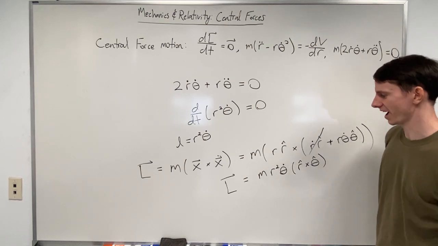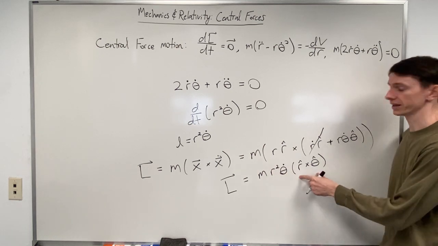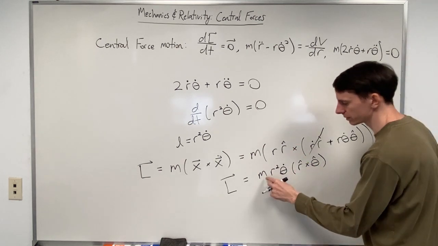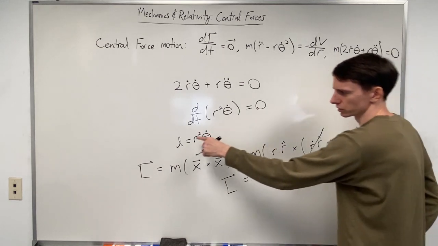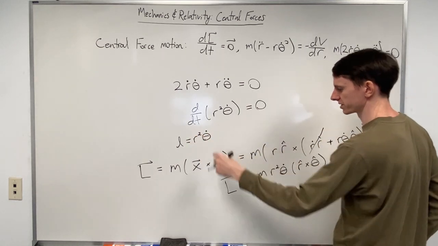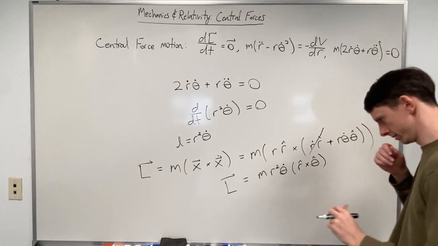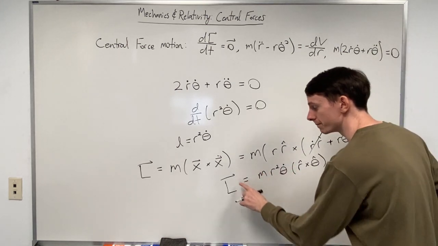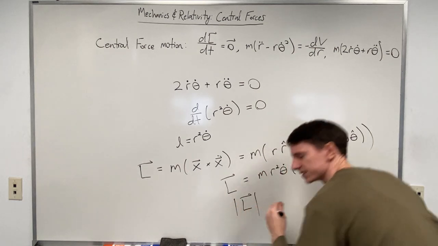Now notice that L is m times r squared theta dot, pointing in some direction, whereas this lowercase l is just r squared times theta dot. So what we can do then is, if we were to take the magnitude of L, I apologize to you, I've been sick the past couple of days.